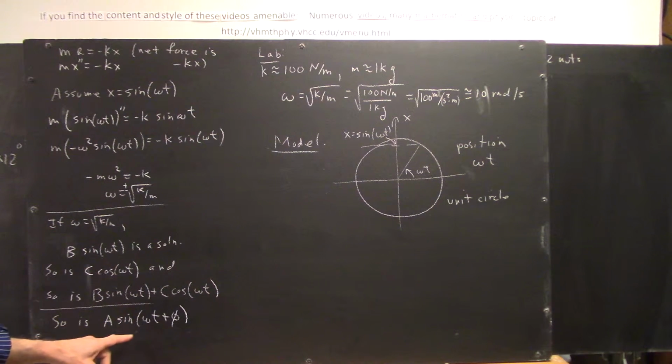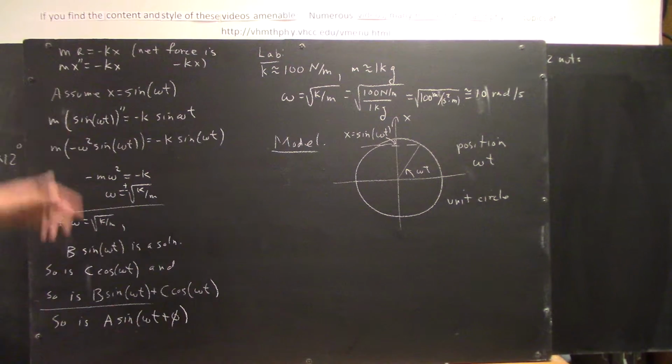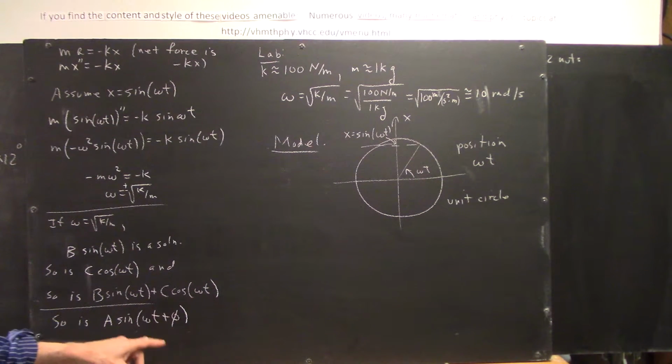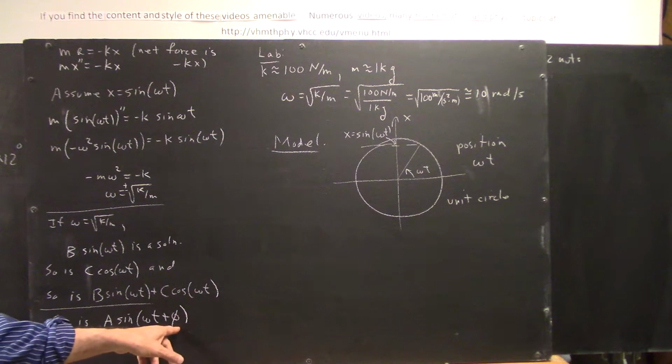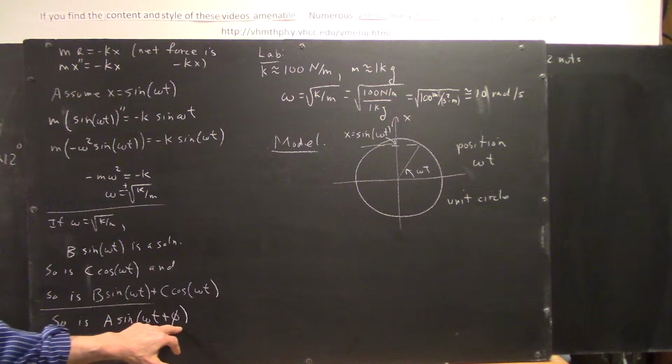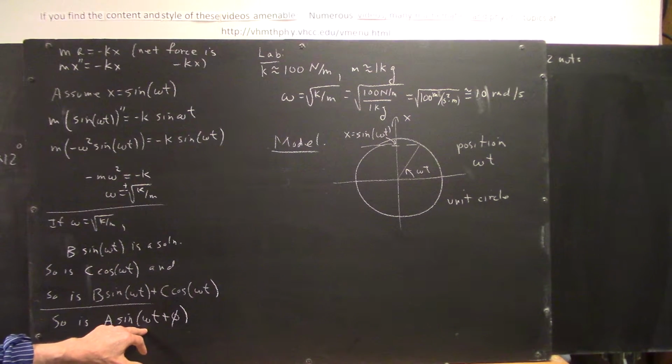Also, a sine of omega t plus phi is a solution. Okay, just plug it in. It's just like when we had b sine omega t. The phi isn't going to affect anything with the chain rule because, phi being a constant, the derivative of omega t plus phi is still omega.